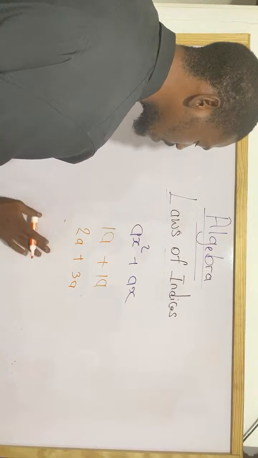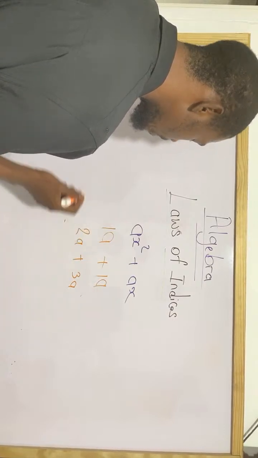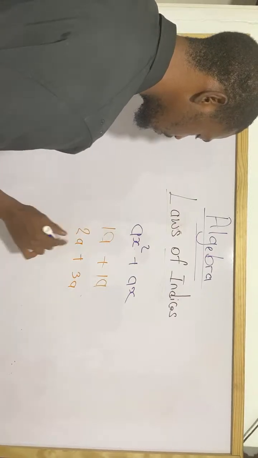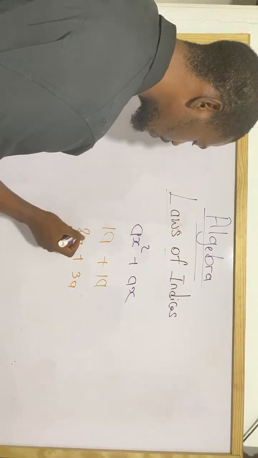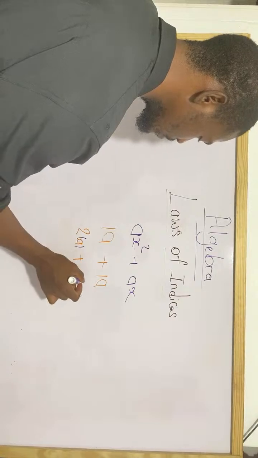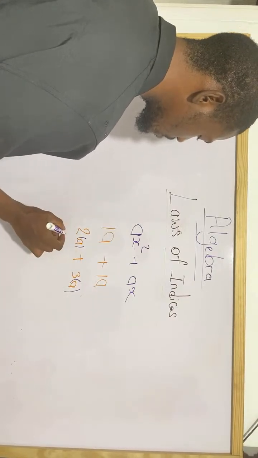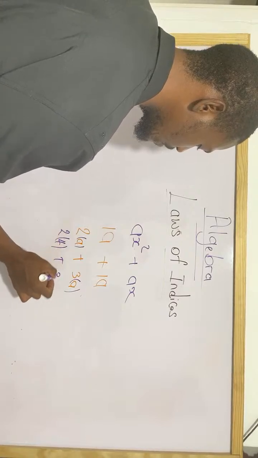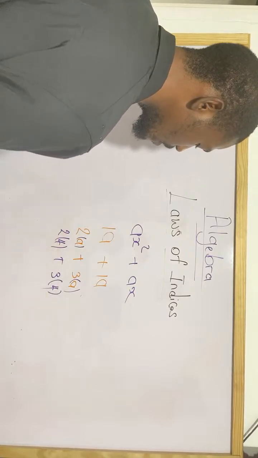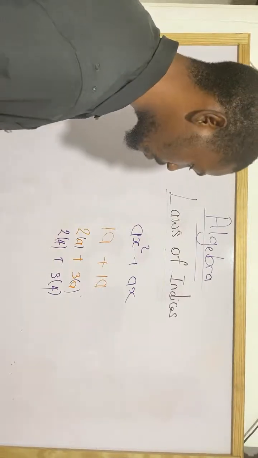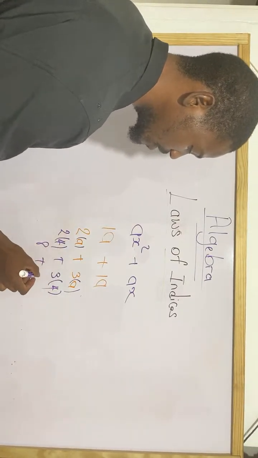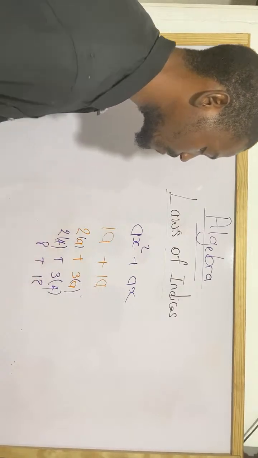Say, for example, that this a was a value of maybe 2, or let us call it 4 because we don't want to mix up these numbers. So I'm going to say that a is 4. So 2 times 4 actually gives me 8, and 3 times 4 is actually 12, right?